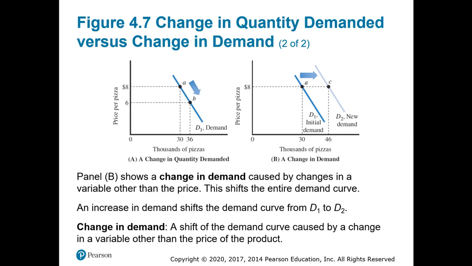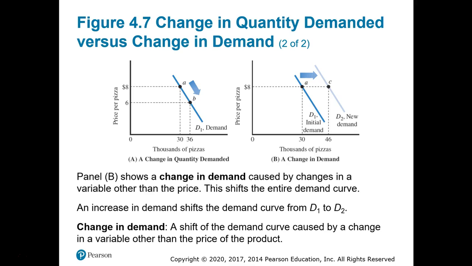Panel B shows this change in demand caused by changes in a variable other than the price. This shifts the entire demand curve. Either it's going to be a positive shift or it's going to be a negative shift. So an increase in demand shifts the curve from D1 to D2. A decrease in demand will shift it the other direction.